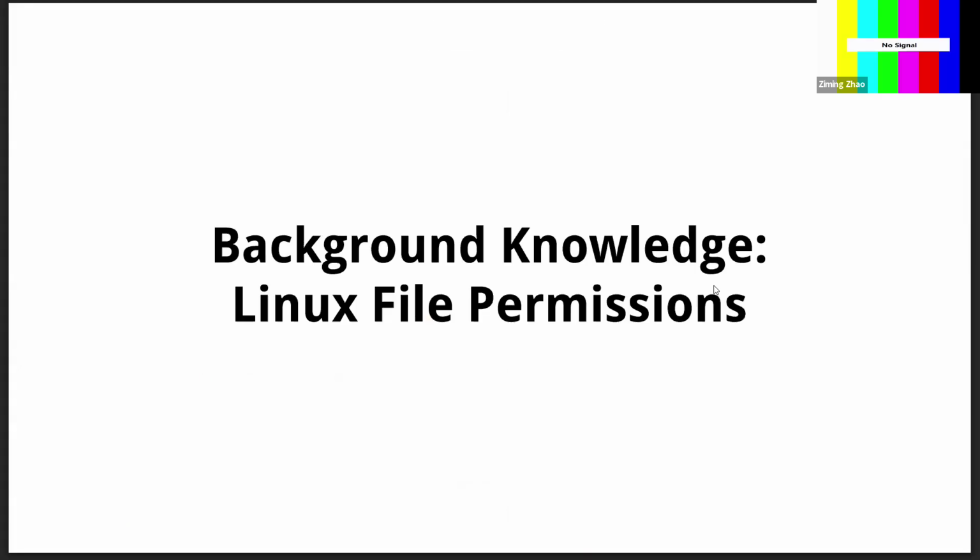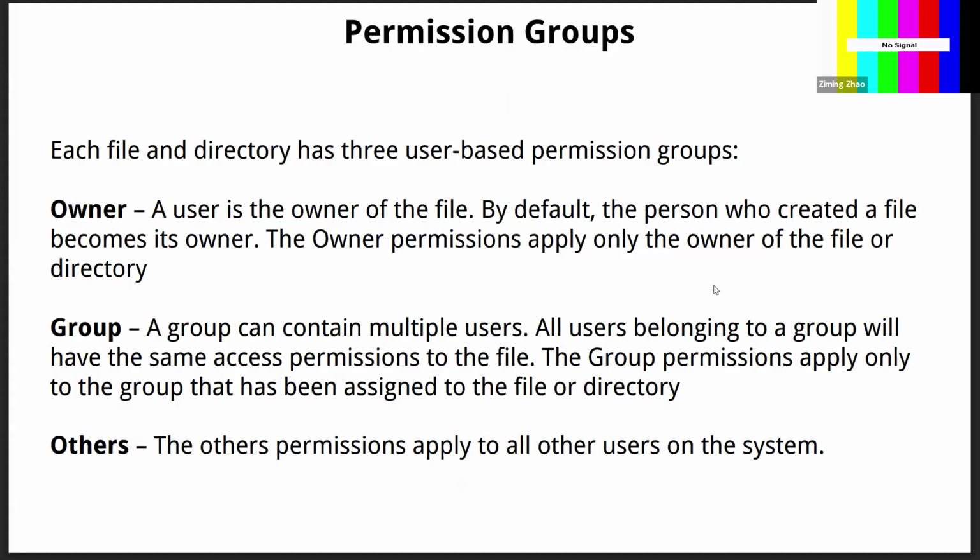Okay, and then let's go to Linux file permissions. I want to talk about this because you need to understand how our hacking platform works, right? So Linux uses something called a discretionary access control mechanism, which means each file has an owner. The owner has discretionary rights to do whatever they want.